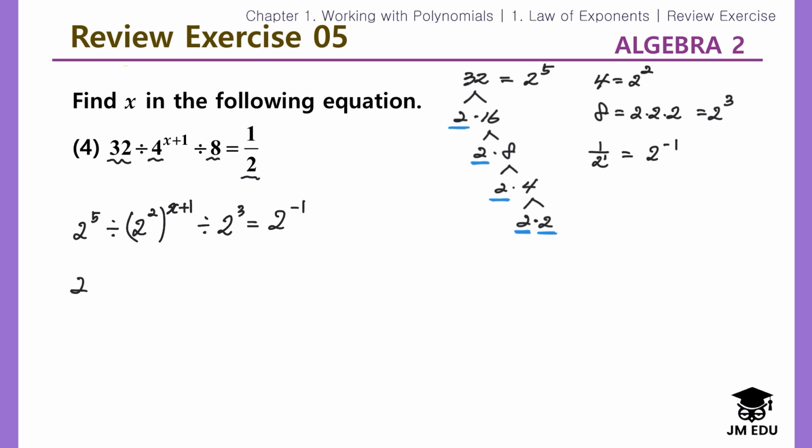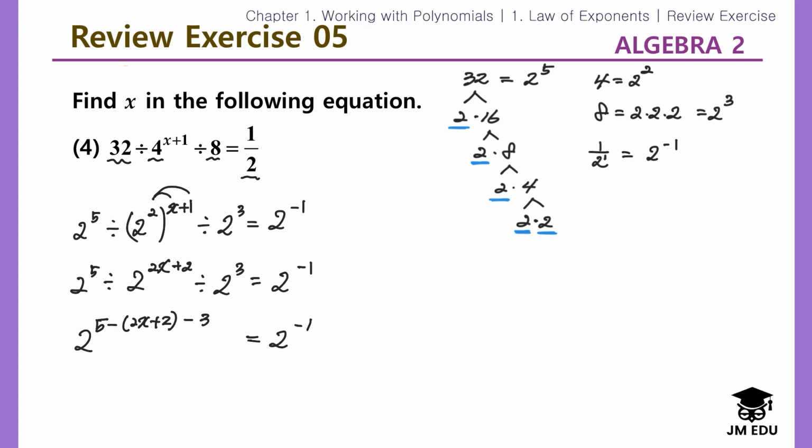So 2 to the 5 divided by 2 to the 2 times x, 2x, 2 times 1 plus 2 divided by 2 cubed is equal to 2 to the -1, right? So division, we have to subtract exponents. 5 minus 2x plus 2 minus 3 is equal to 2 to the -1.